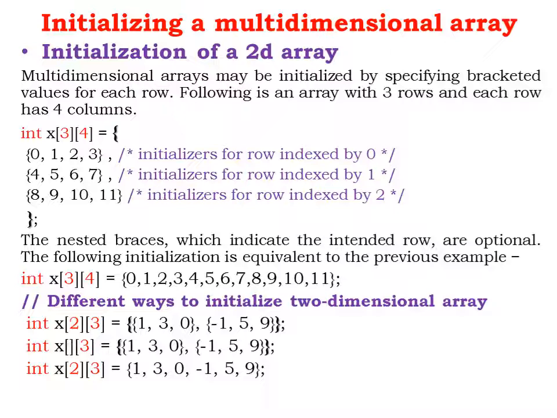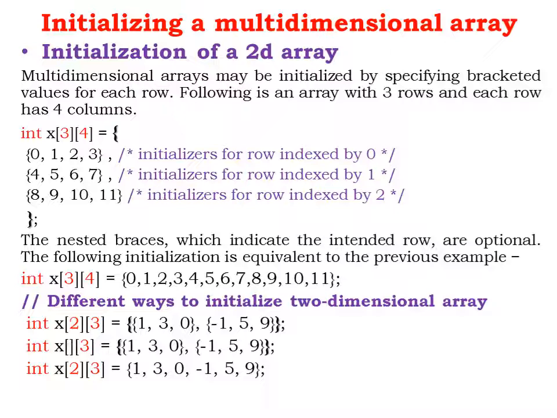Once again I make use of the same array that I used in my previous example. I have declared an array named x with the data type integer having 3 rows and 4 columns. Another way of initializing the elements of this two-dimensional array: we have equal to curly braces, and I mention the number of elements that I want to store inside this two-dimensional array.